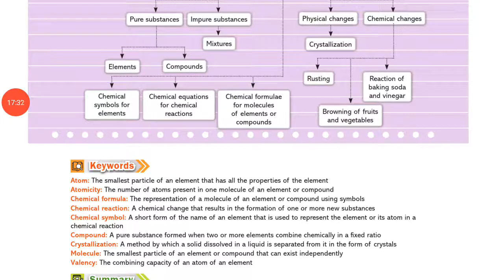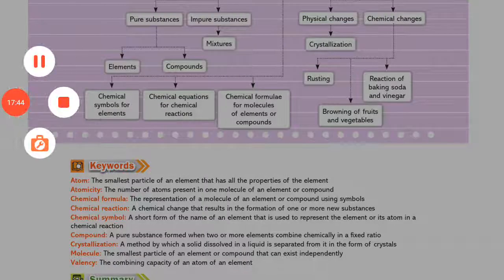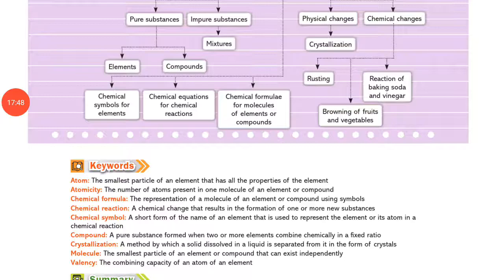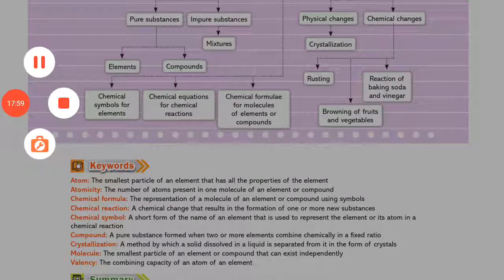Revise your chapter thoroughly so that you can score good marks. Not only good marks, you can have a better understanding of the concepts that were discussed in the chapter. Focus on the revision work for your exams. Okay, dear students, thank you.